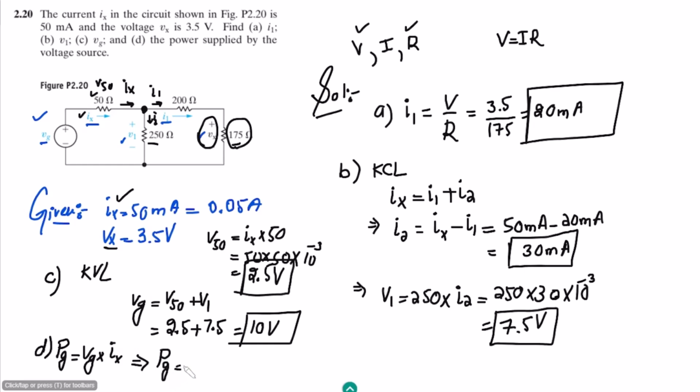The value of Vg is 10 volts and the value of Ix is 50 milliamps, so 50 multiplied by 10 to the power minus 3. Ultimately we get 0.5 watts.